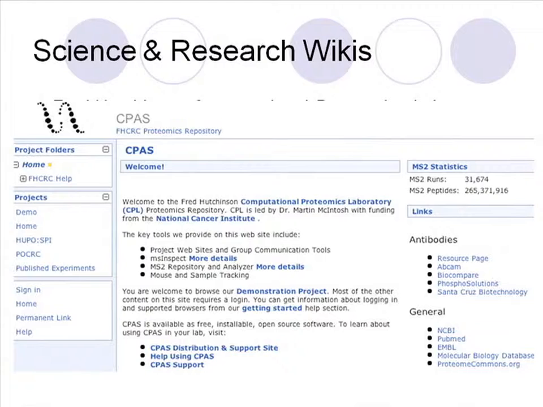Here's an example of a wiki from a specific research lab, the Fred Hutchison Computational Proteomics Laboratory, Proteomics Repository. And again, this one I think might be limited access to people on that research team.